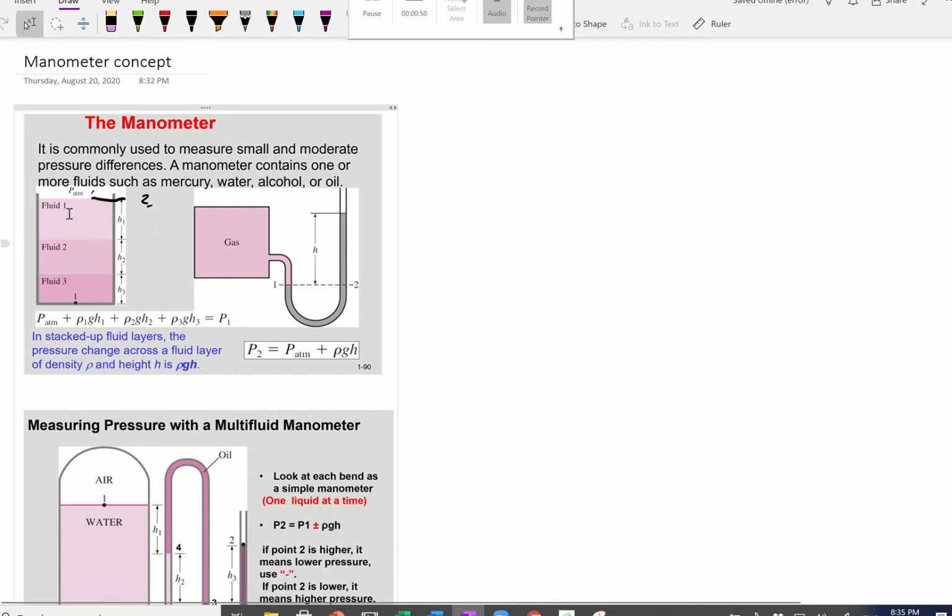Then you have the top fluid layer 1, and if we were trying to figure out point 3 here, what's the pressure at 3, P3? We already know P2 is atmospheric pressure.